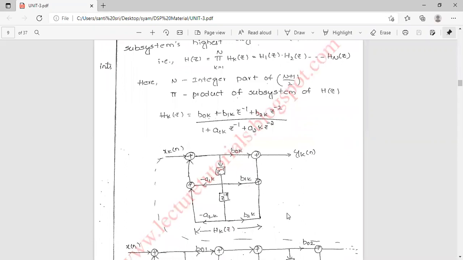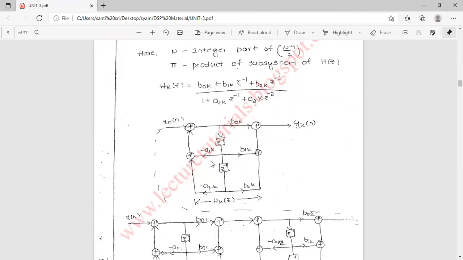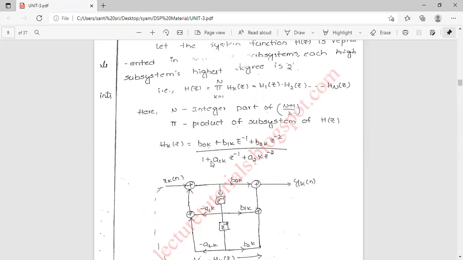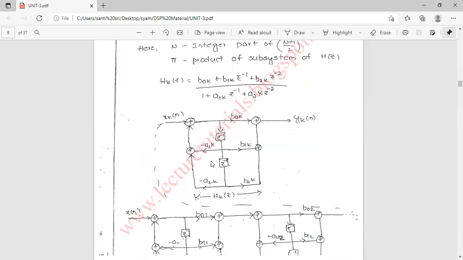So we can write x_k of n. First of all we will write individually and then add.